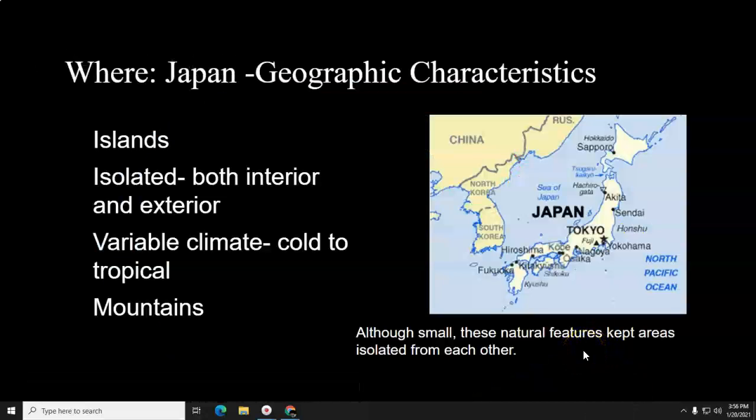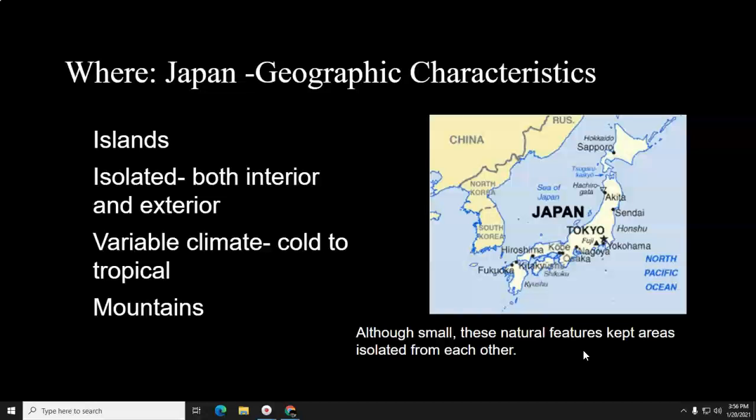So the geographical characteristics of Japan is it's made up of a series of islands, and they're volcanic-based islands. So it's isolated, both the interior and the exterior parts. Looks like it's fairly close to the Koreas and Russia and China, but it's a little tricky to get to due to currents. It has a variable climate.